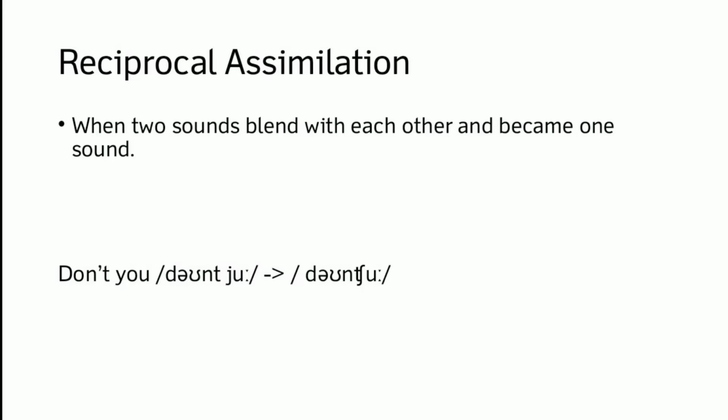The last type of assimilation is reciprocal assimilation. The definition of this type is that reciprocal assimilation is when two sounds blend with each other and become one sound. For example, the phrase don't you becomes don'tchu, not don't you.